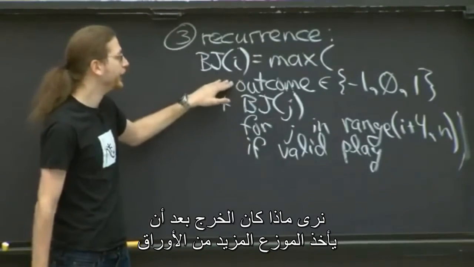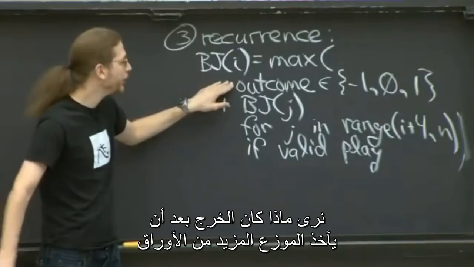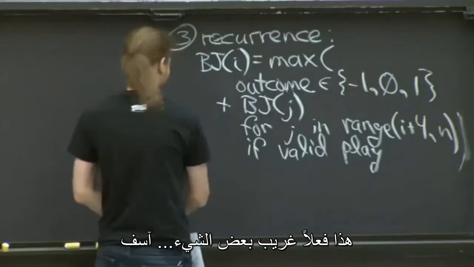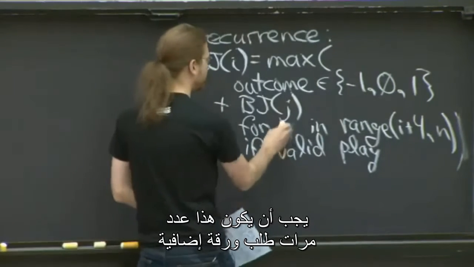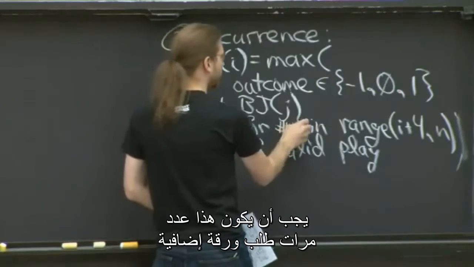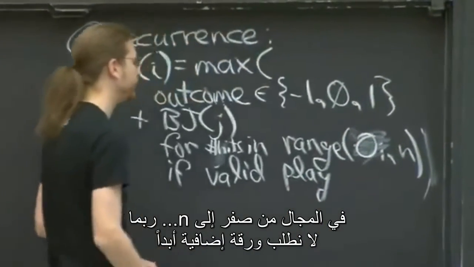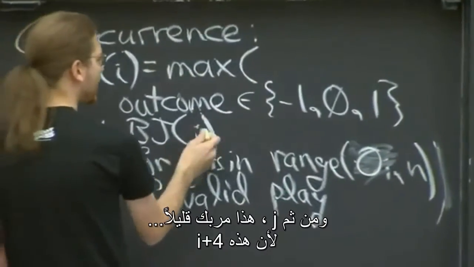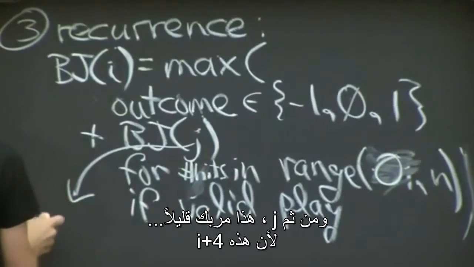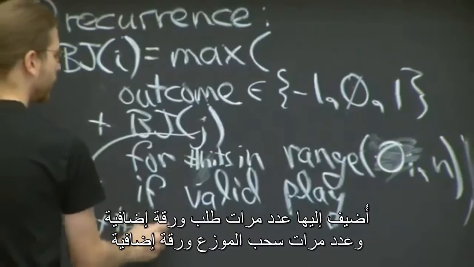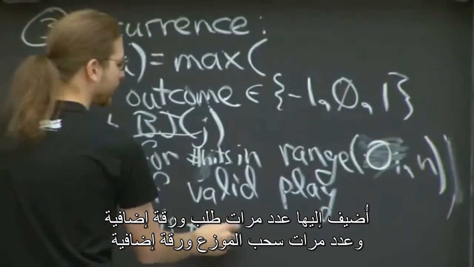But you're considering all possible options, all valid options of play. For each of them, you see what the outcome was after the dealer takes some more cards. This is actually a little bit funny. Sorry. This should really be the number of hits in range from, let's say, 0 to n. Maybe you don't hit at all. And then j is a little bit tricky because this is actually i plus 4 plus the number of hits plus the number of dealer hits.